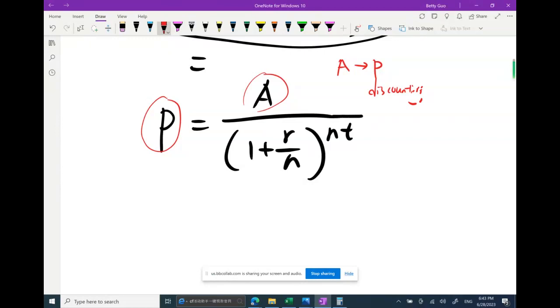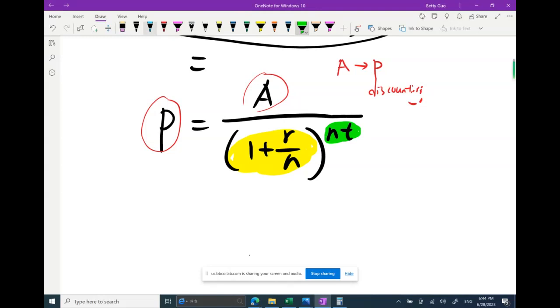From P to A is compounding. From A to P, the process is called discounting. So instead of calling the same thing compounding factor, we call this factor discounting factor, but it's actually the same thing value-wise. And then this is how many times your amount of money is discounted.